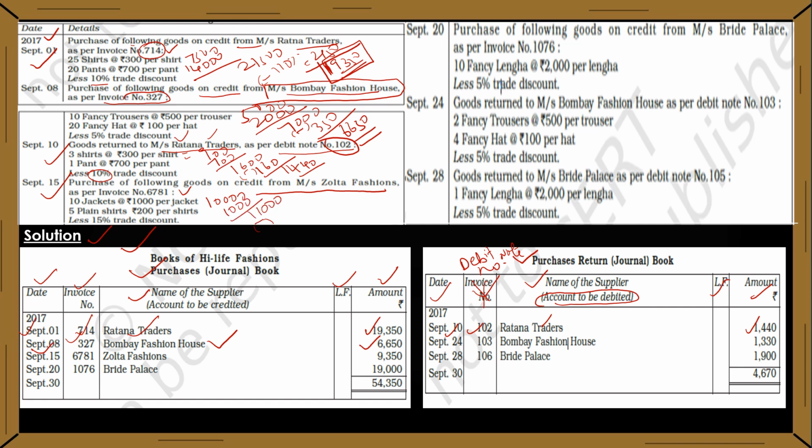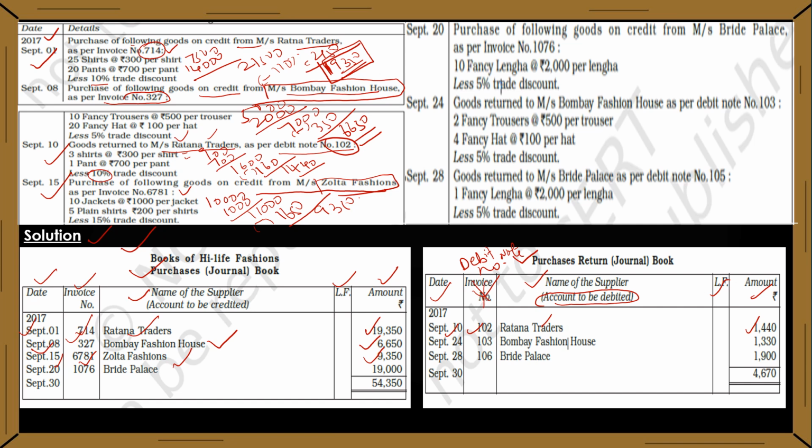Less trade discount of 15%. On 11,000 it is 1,650. So the net amount to be taken is 9,350. Date is September 15th. Invoice number is 6781. Supplier name is Zolta Fashions and the net amount to be taken is 9,350.